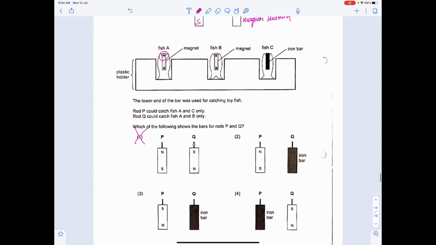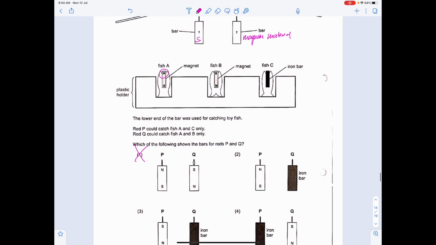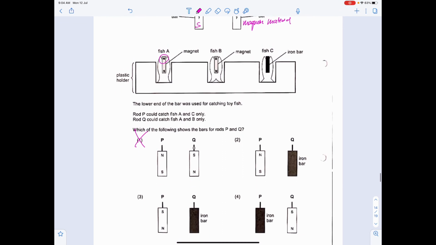So then, after that, I look at all those with Q as an iron bar. I look at option 2. Option 2 states that for P, the bottom part here is south. South can attract to north. This will also attract my iron bar. Oh, okay, this is correct.